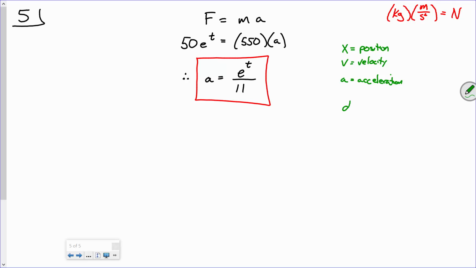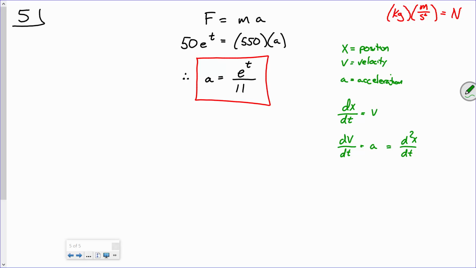If I take the derivative of position with respect to time, what is that? Velocity. If I take the derivative of velocity with respect to time, what do I get? Acceleration. But that's also the second derivative of position, right? Make sense? Now, what we're doing in this problem, however, is we're working backwards.